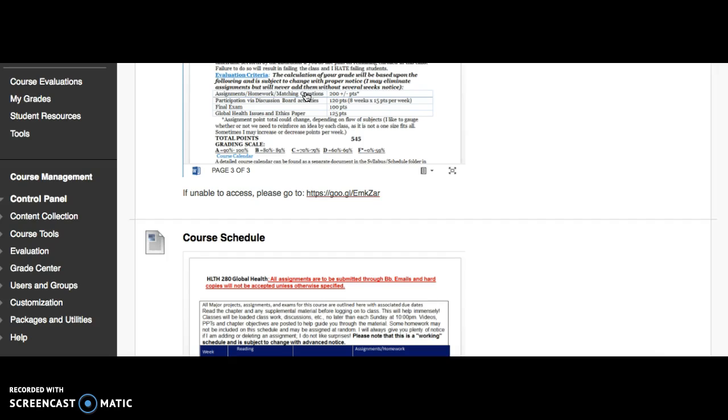The reason for doing that is I don't believe in a one-size-fits-all. I think it's very easy for us as instructors to say, okay, in week 1 we're going to do this, and this is going to be the assignment, and in week 2 this is what we're going to do.